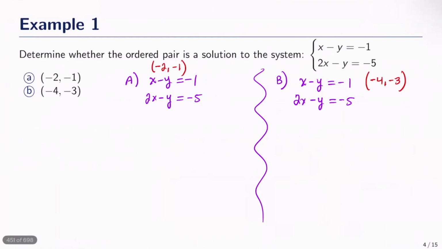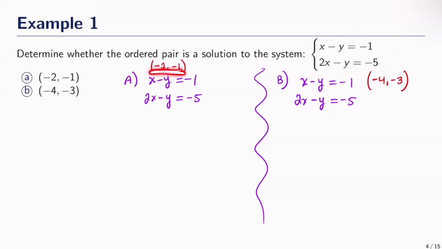So now knowing this, let's give this example one a shot. All we want to do is determine whether the ordered pair is indeed a solution to this system of equations. So part A, we're going to test the point -2 comma -1. And how do we do this?